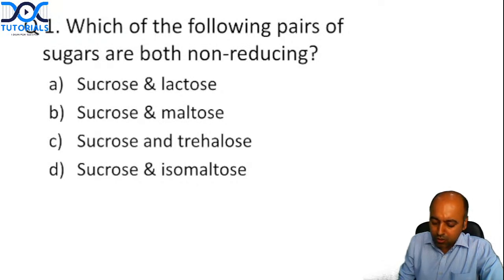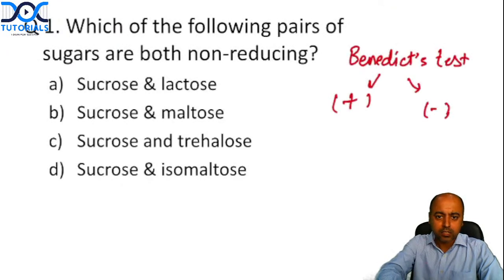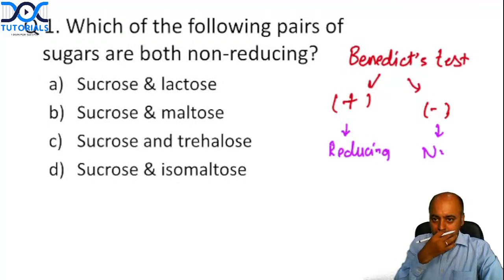Based on the result of the Benedict test, if you have a positive result, we call it the reducing sugar, and if you have a negative result, we call it the non-reducing sugar.